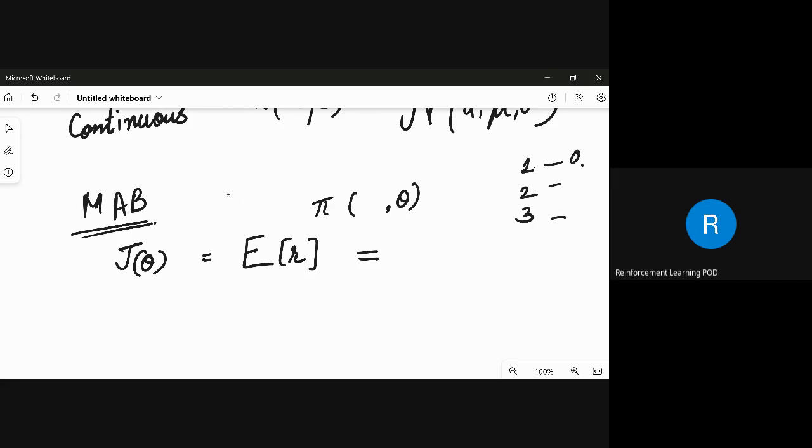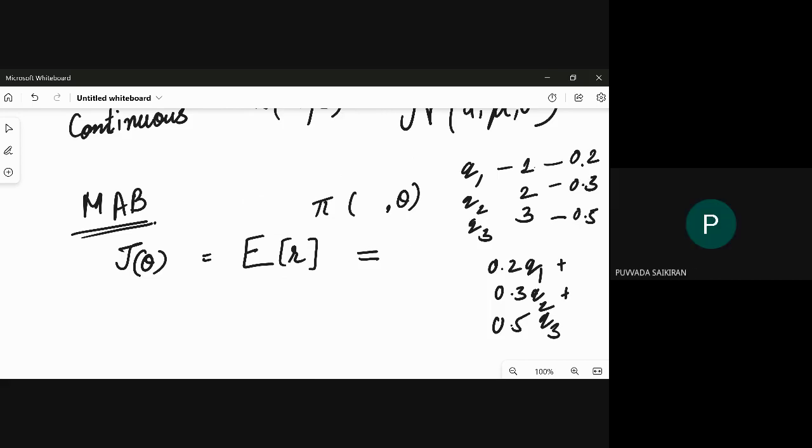The probabilities of them are 0.2, 0.3, and 0.5. They have some rewards, let's say Q1, Q2, and Q3. It's then the weighted sum: 0.2 into Q1 plus 0.3 into Q2 plus 0.5 into Q3. Something like this.